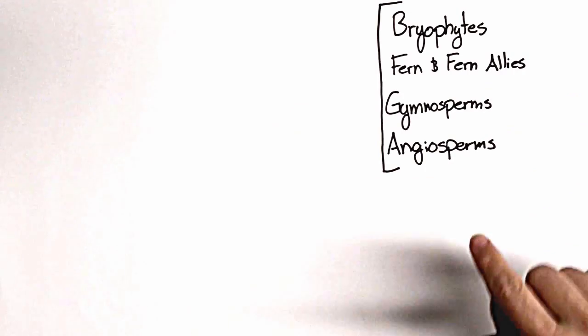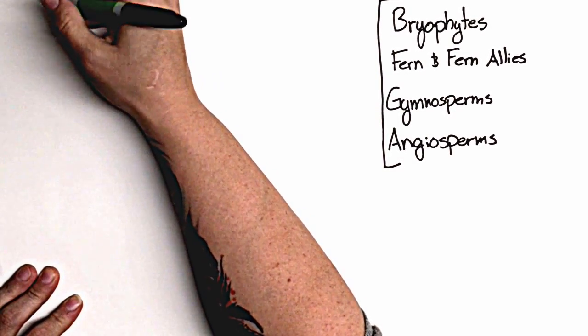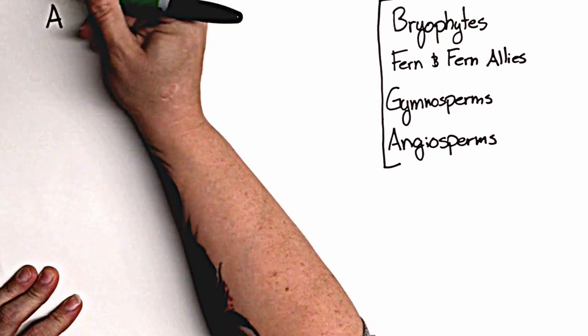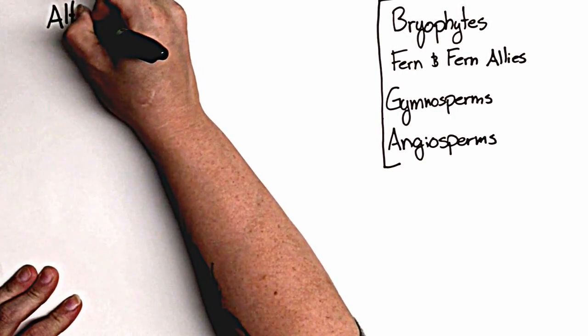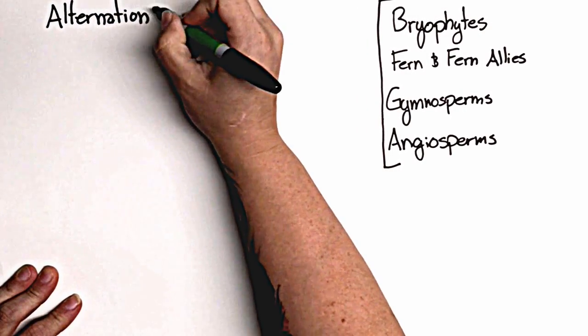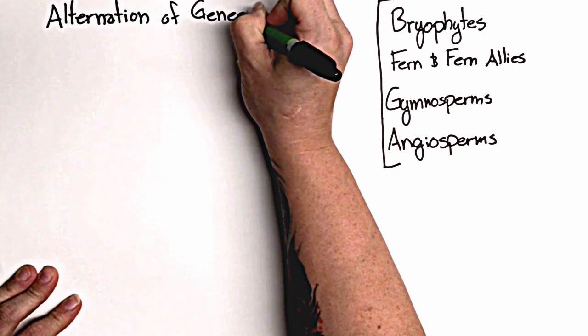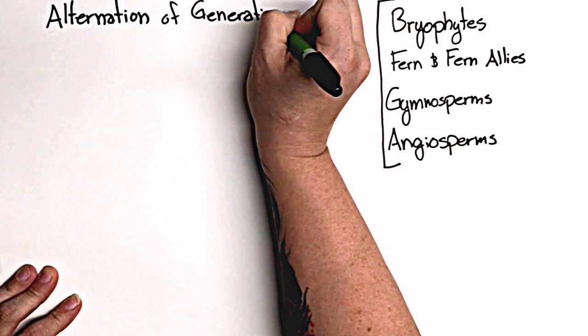But what all of these guys have in common is the fact that they sexually reproduce through a process called alternation of generations. Alternation of generations. Okay.